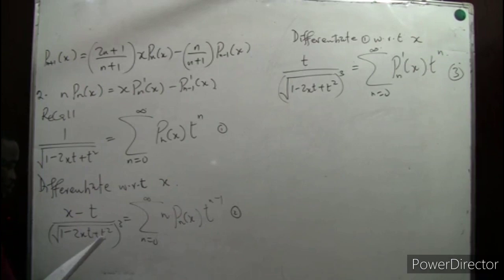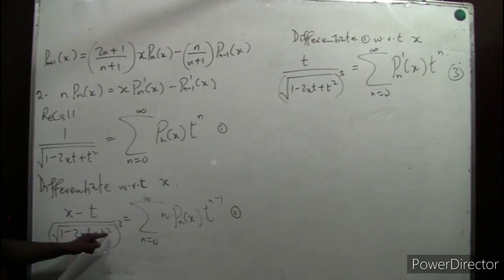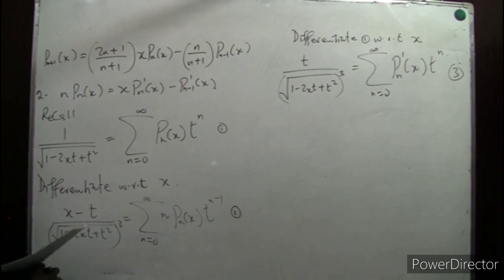Having done this, we will observe that the square root of 1 minus 2xt plus t squared raised to power 3 is common to the two of them.